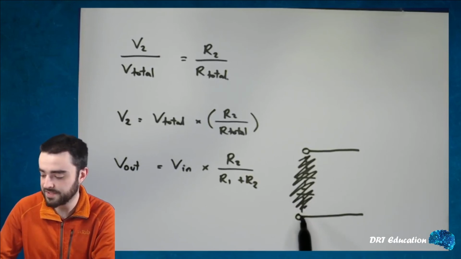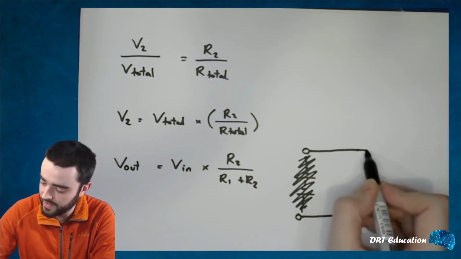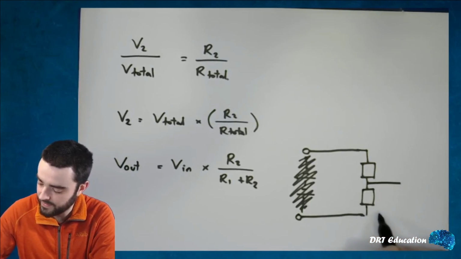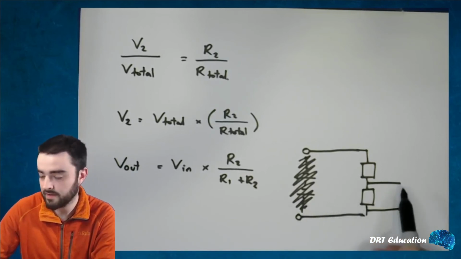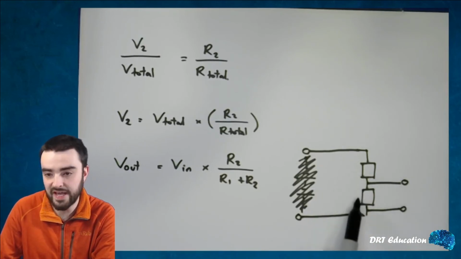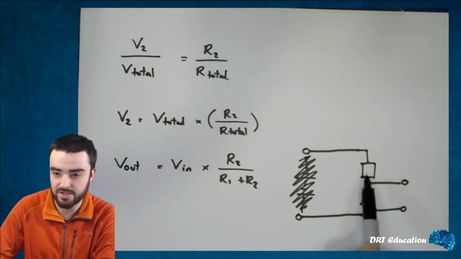So this is just saying there is a potential difference between these two points. And then we've got one resistor here, and then we have a parallel circuit coming off of here. So this is our potential divider. We're dividing the voltage between these two resistors.